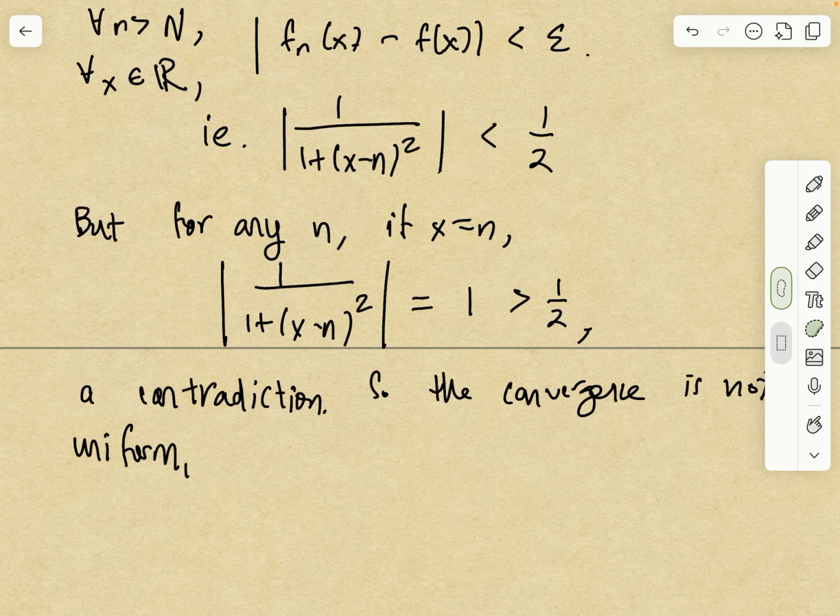In this case, we took x equal to n. And that's a contradiction, and therefore the convergence is not uniform. That's often how these proofs of non-uniform convergence go. This is a very typical example. Okay, thanks.